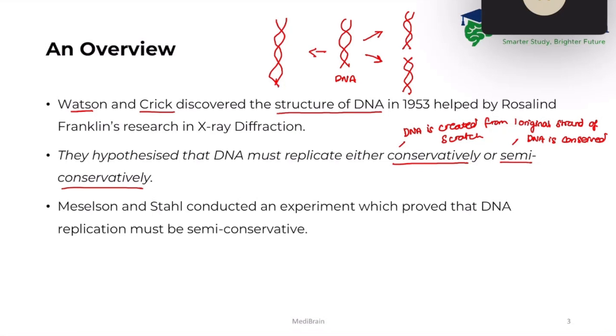Each DNA strand acts as a template. DNA polymerase catalyzes the formation of these phosphodiester bonds, and all the process that we looked at in our last lesson. Okay, that's the process. We know it because of these two people. Meselson and Stahl basically proved that this DNA replication was not conservative, it was semi-conservative.